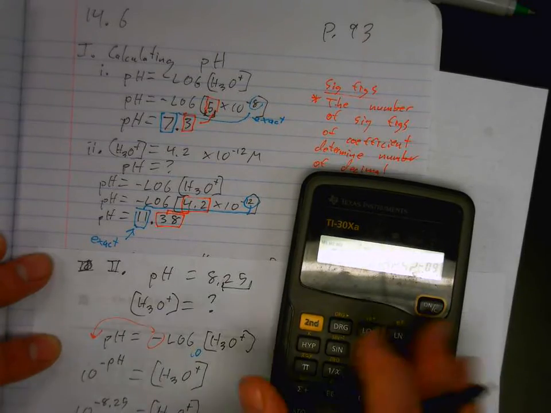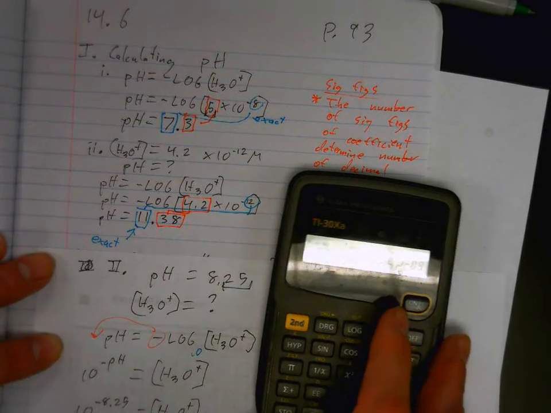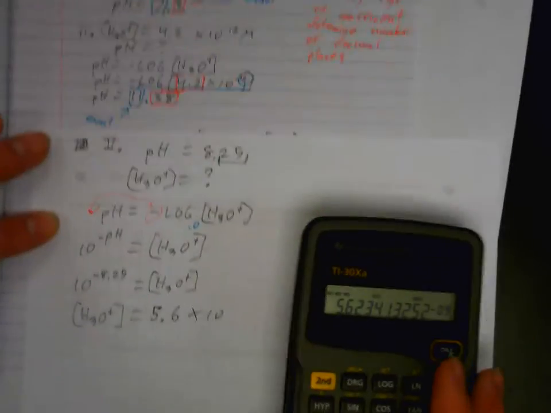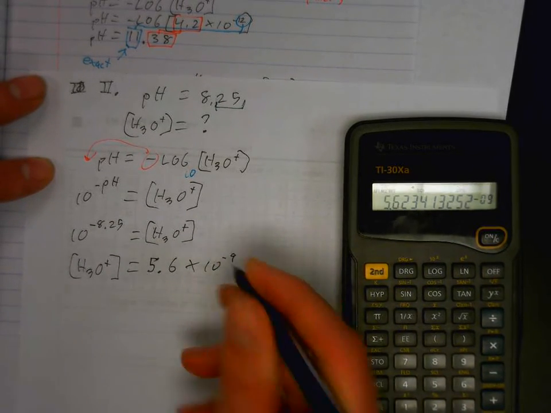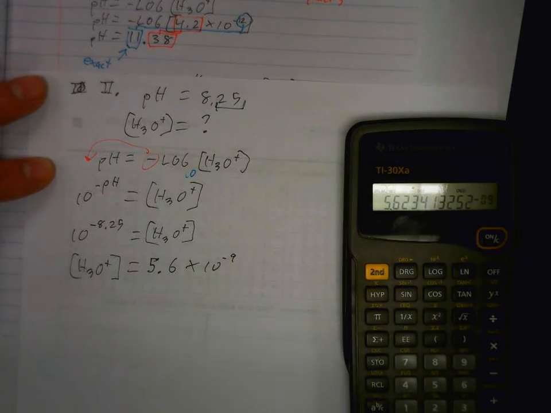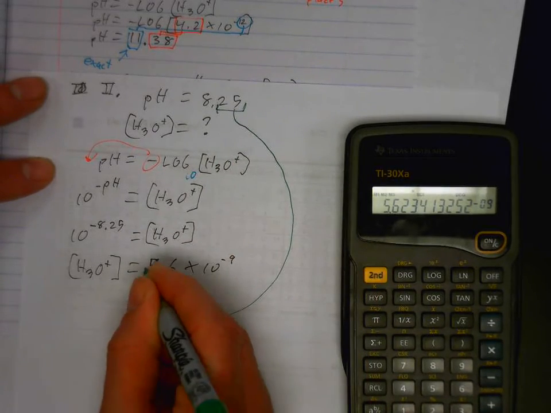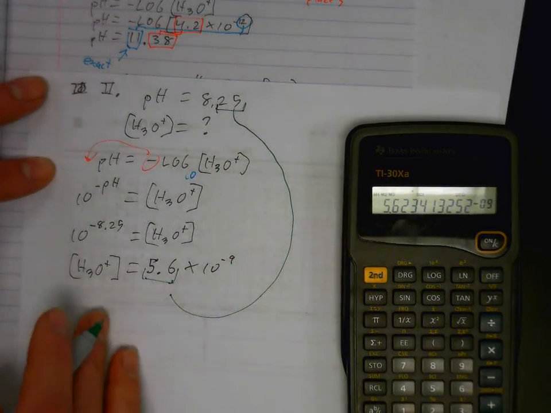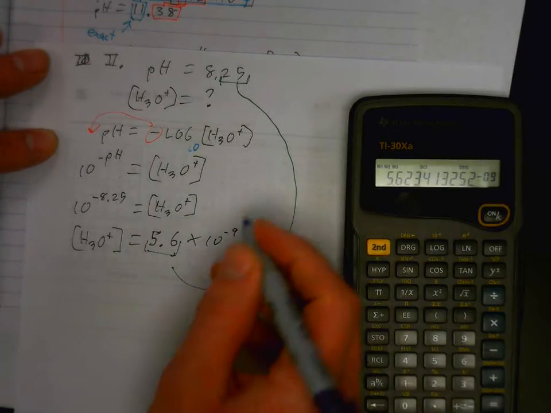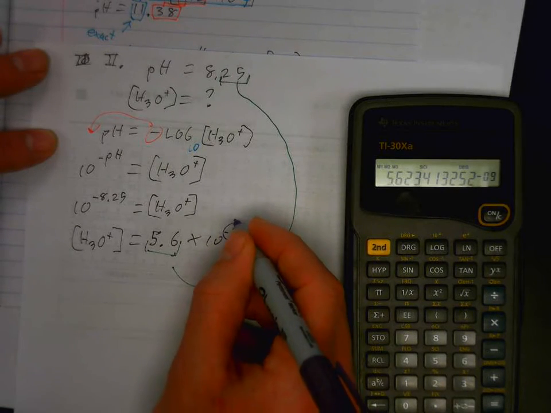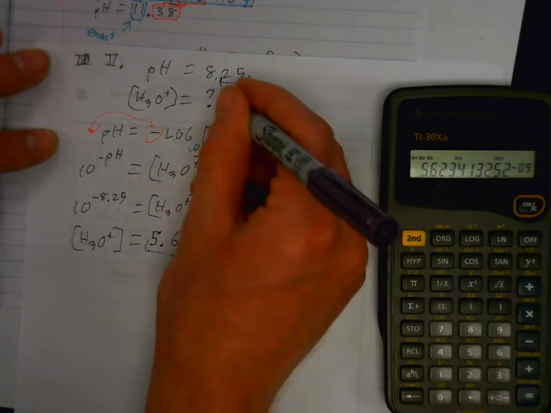Now the exponent on the 10 corresponds to the exponent here, the negative 9. So the 2 decimal places correspond to the 2 sig figs in my answer. And the exponent corresponds with the number of places in front of the decimal.